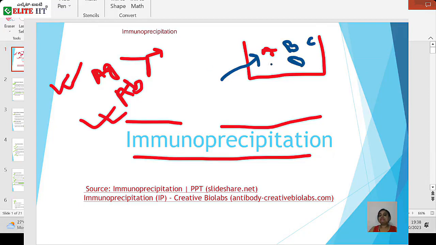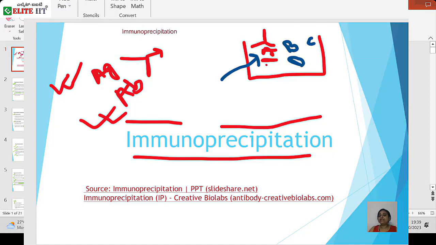If you add a specific antibody against this antigen, this antibody will bind only with the specific antigen A, because we are adding a specific antibody against A.